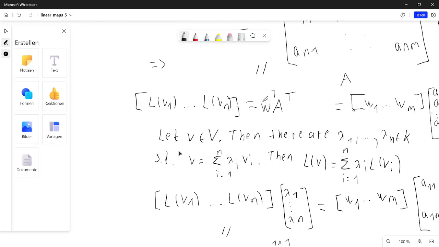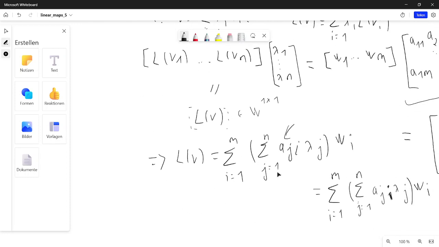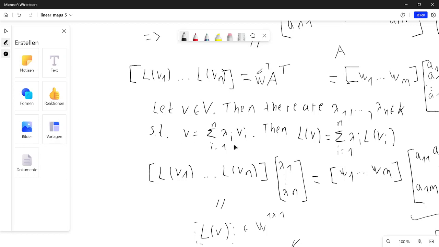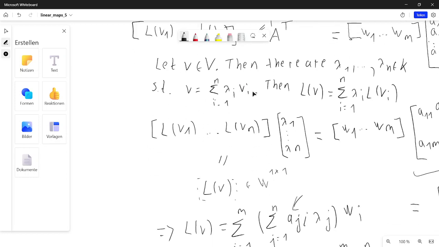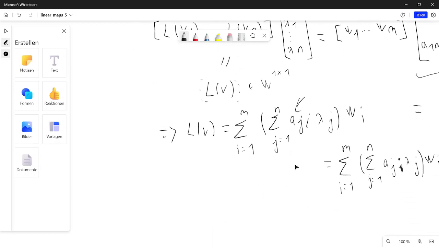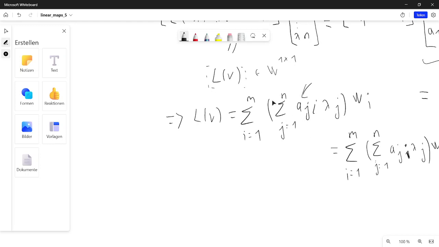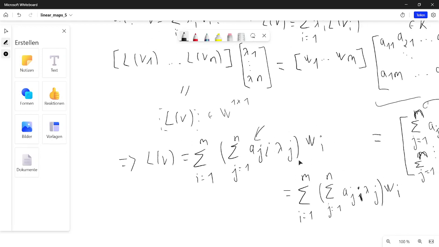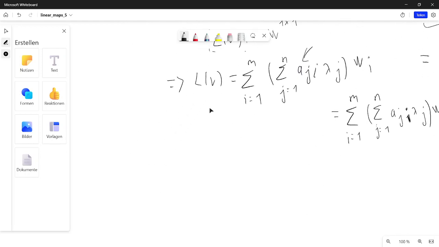And if such a representation is fixed, then it suffices just to know the coordinates of this v with respect to the basis B_V of V. And with that, we can already compute the coordinates of our image of v in the basis B_W. Isn't that great?